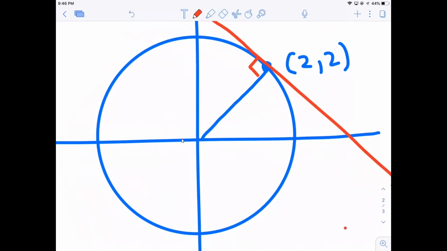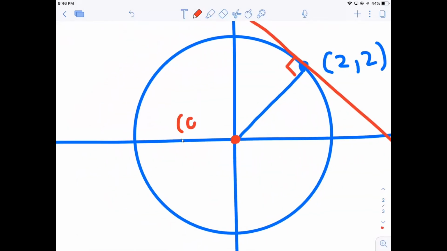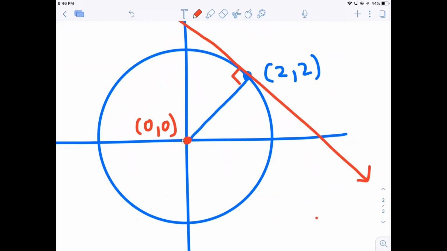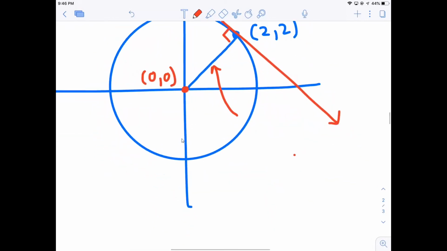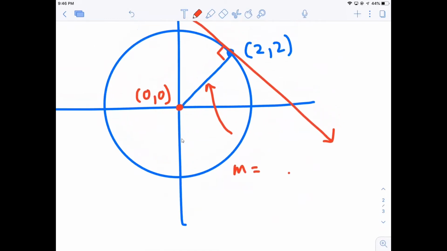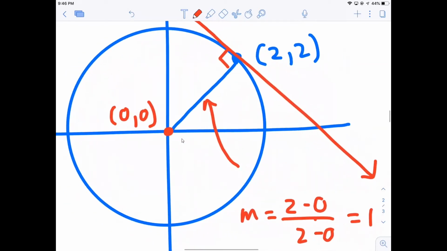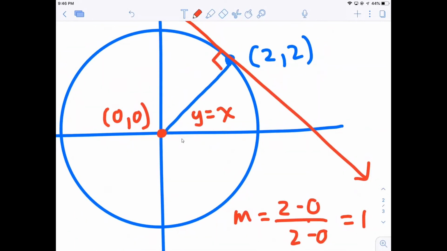This first line here, I know it also passes through the point (0, 0). So let's find the equation of this line. It's going to be pretty simple, right? The slope will be change in y over change in x, so 2 minus 0 over 2 minus 0. So the slope is 1. The y-intercept is 0. So the equation of this line is just y equals x. And let me do that in a different color. Let me go green here.